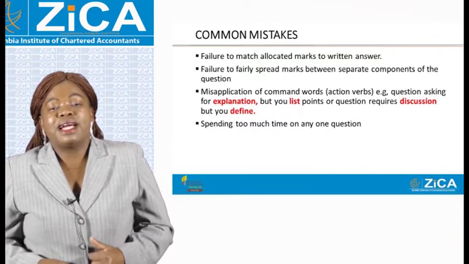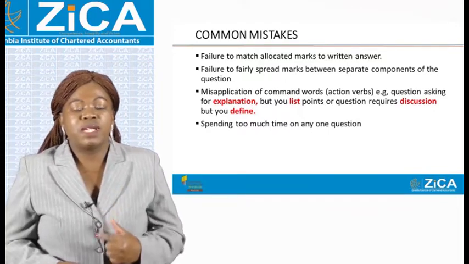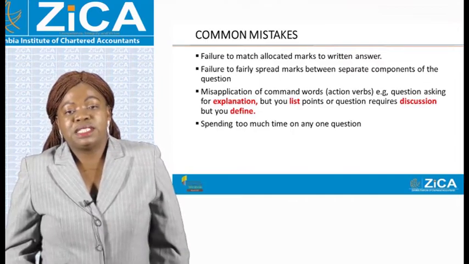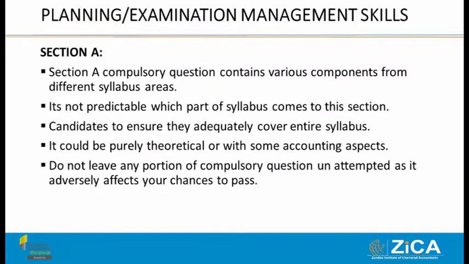Another mistake the candidates make is spending too much time on one question. All the questions in section B, for example, are 20-mark questions. You need to give them equal time. It is only the section A question that is 40 marks.